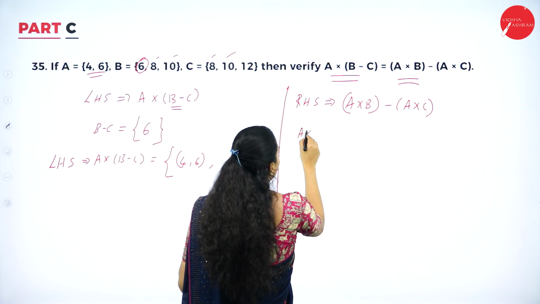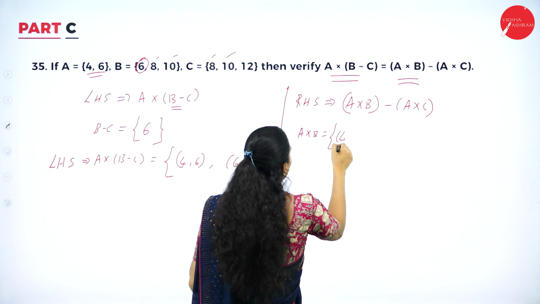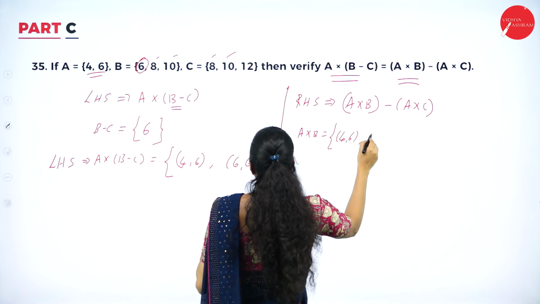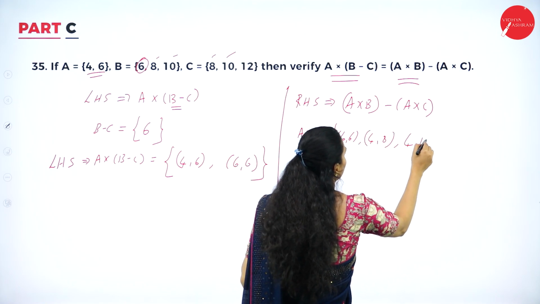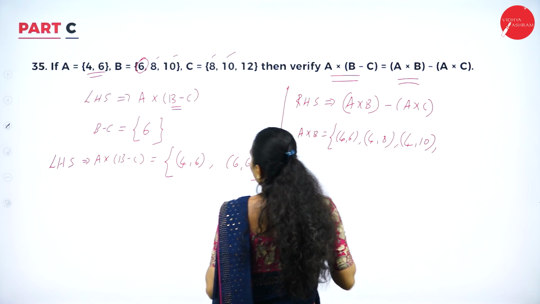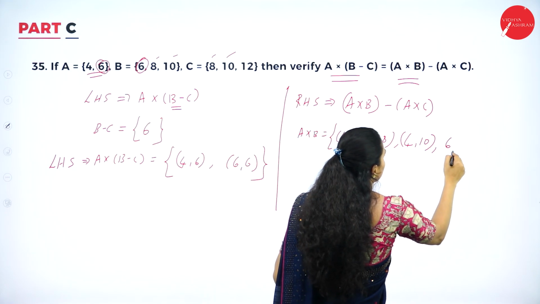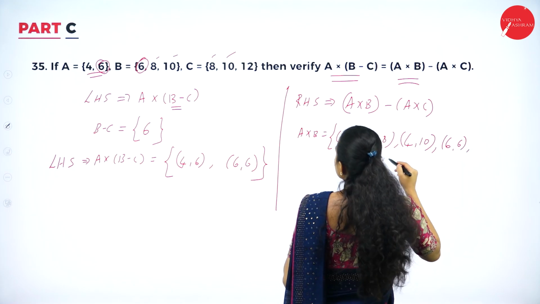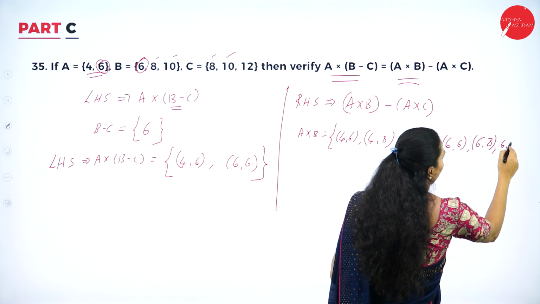So A cross B implies that (4, 6), (4, 8), (4, 10), again another with this (6, 6), (6, 8) and (6, 10).